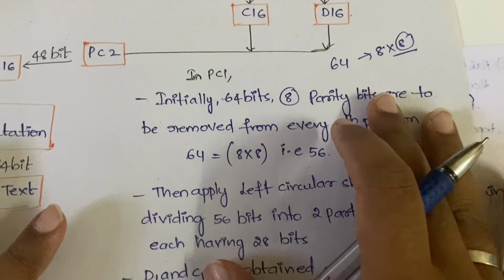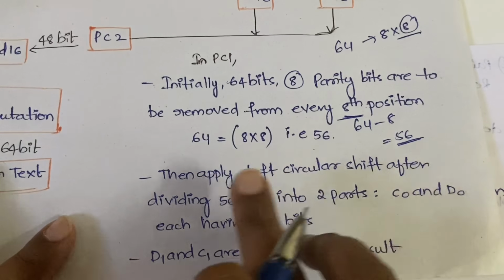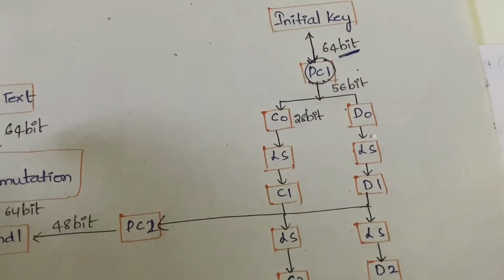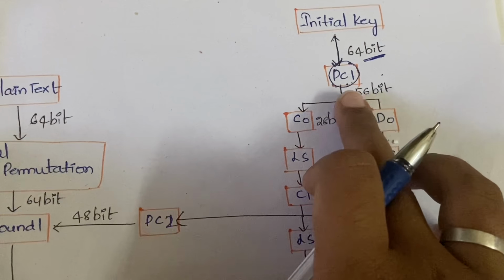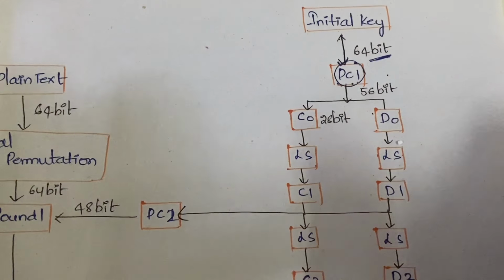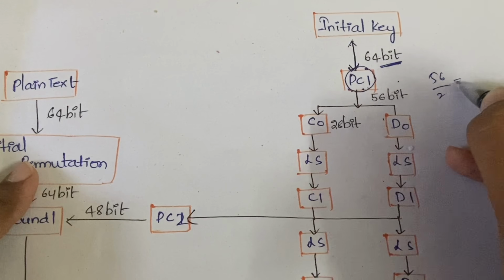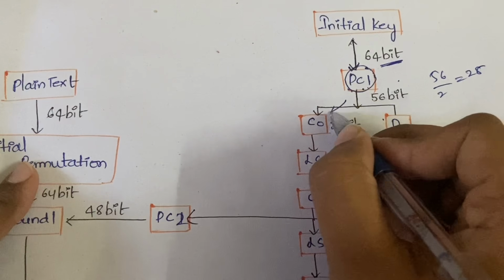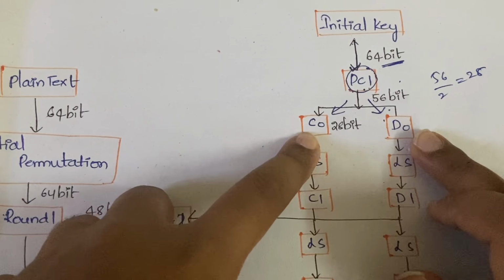Got it? And then you apply the left circular shift. Here you have removed 8 bits and got 56 bits. Now first you need to divide these 56 bits into 2 equal halves, C0 and D0. So 56 by 2, how much do you get? You get 28. So 28 bits to this side and 28 bits to this side, and this becomes C0, this becomes D0.